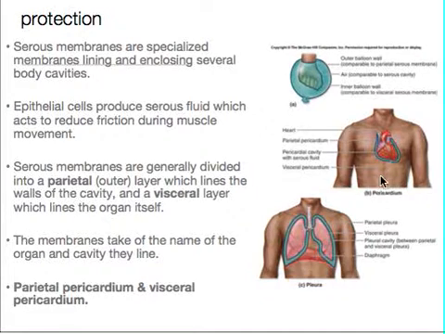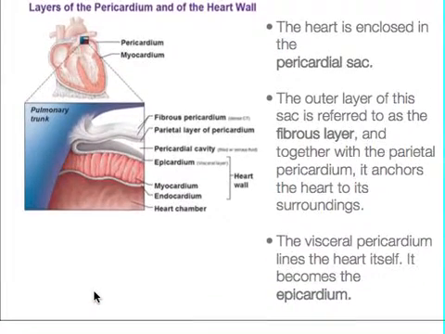The membrane that lines right on the organ itself is known as the visceral layer, and the one lining the outside, on the chest wall, is the parietal layer. So in the heart, we have a visceral pericardium and a parietal pericardium. That's the serous system of membrane protection.